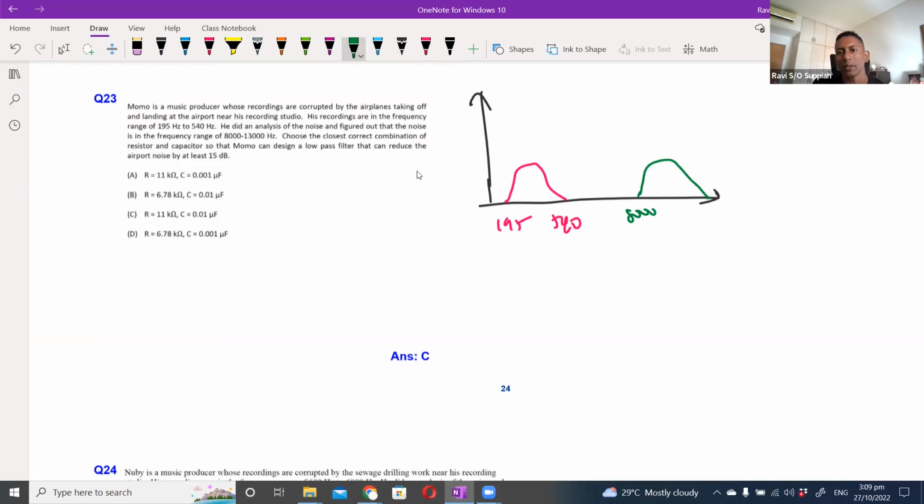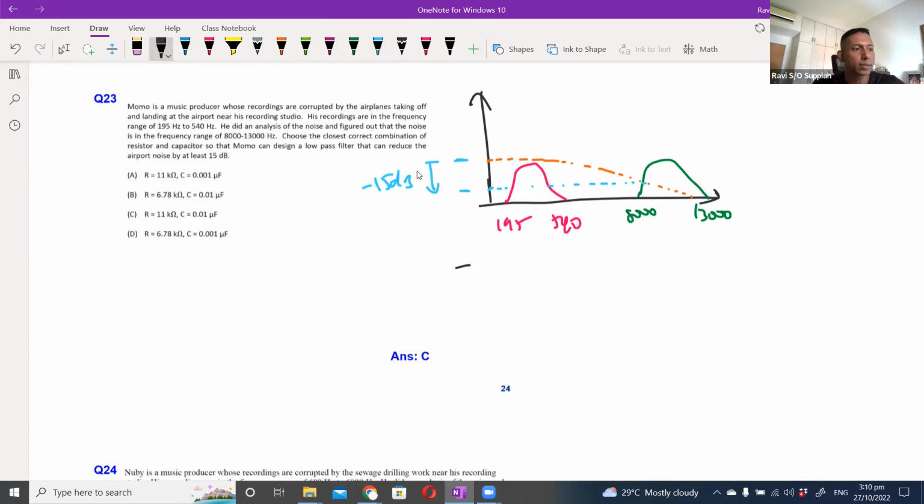We want the noise to be reduced by 15 dB. That means when I design my filter, at this point where I touch 8K, I must go down by at least 15 dB.